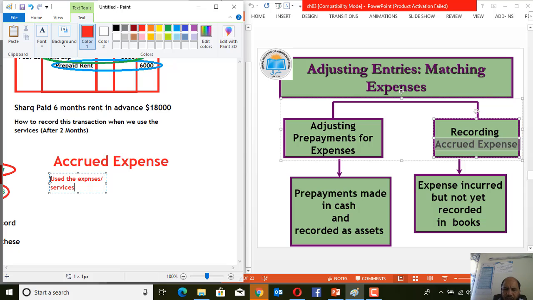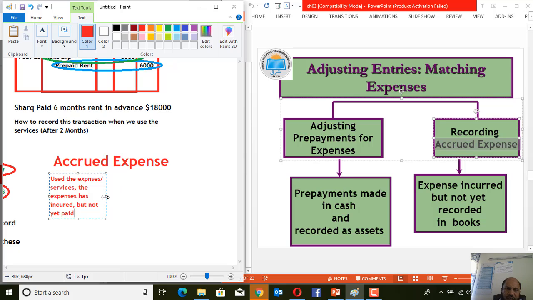Another way: the expense has accrued but not yet recorded. The expense has accrued but not yet paid.